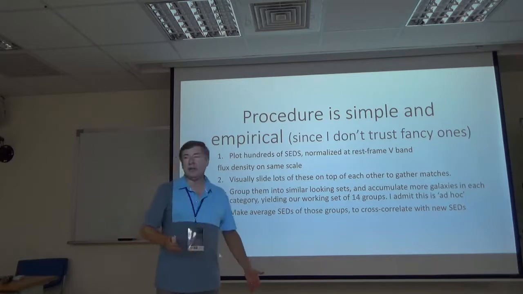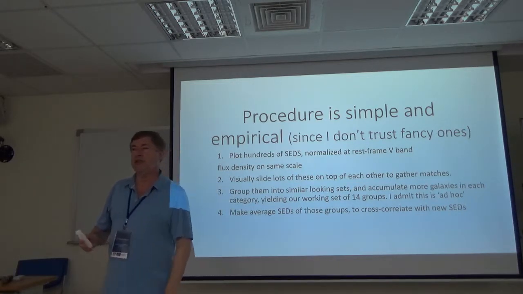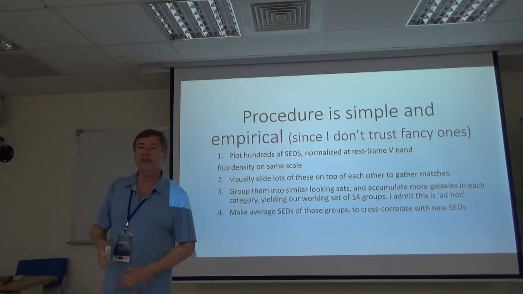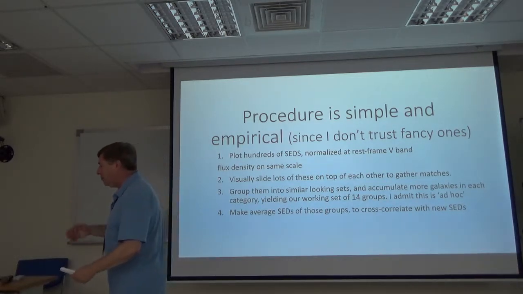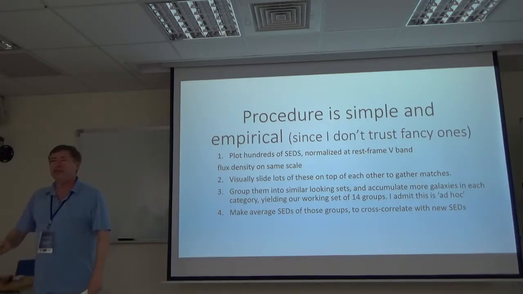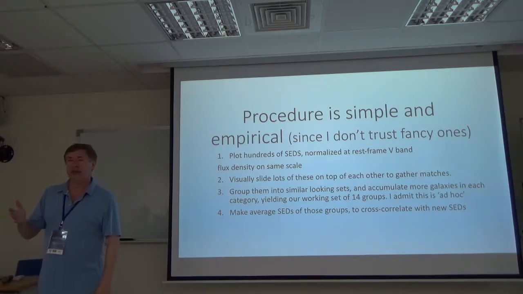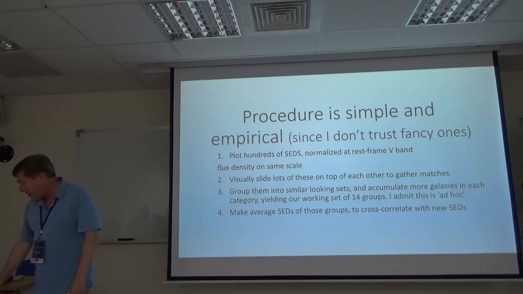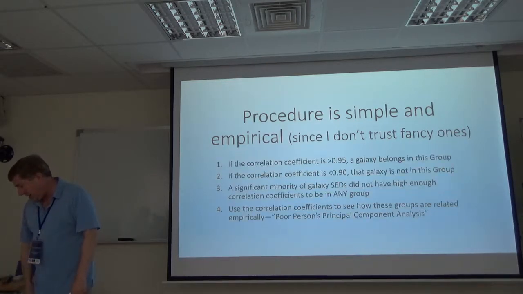And then the point, of course, is to get a lot of galaxies into a group so you can make a good average. Okay, each individual galaxy won't be exactly perfect, but if you have dozens of galaxies in a group, I hope the idea is I could make a good average galaxy SED.